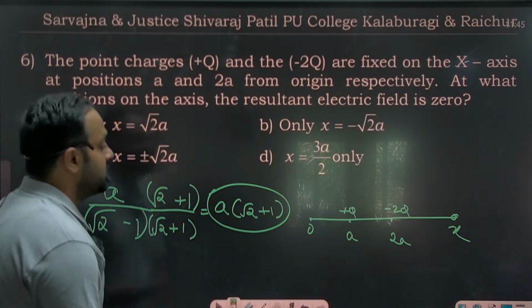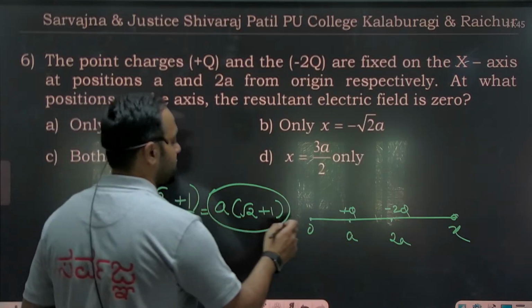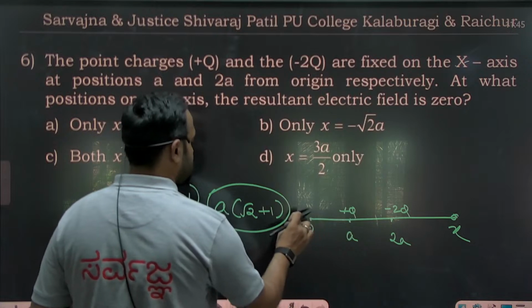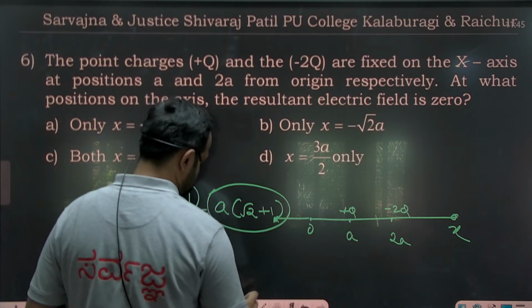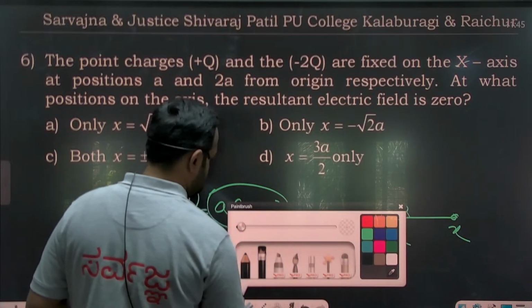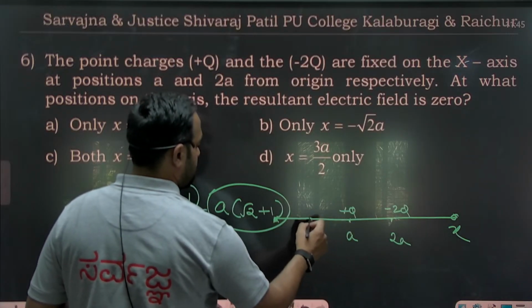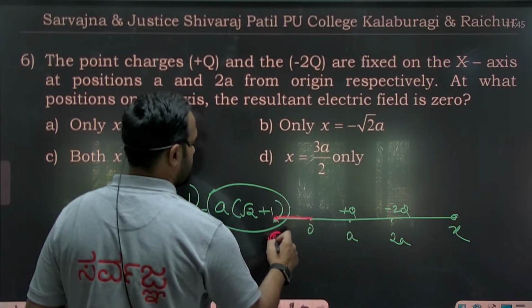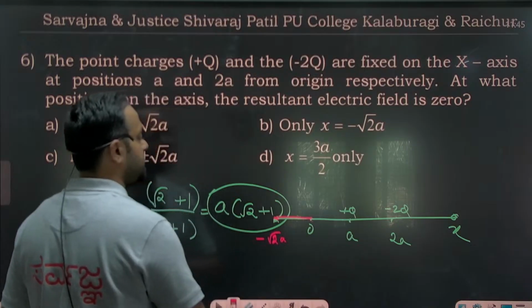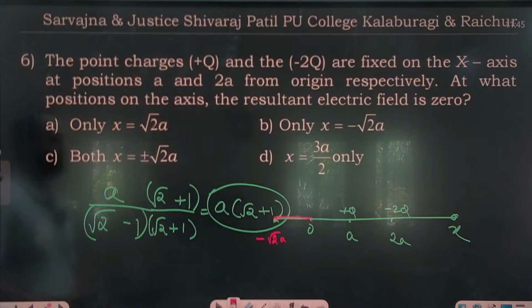So root 2a plus 1, where does that come? A plus root 2a will come somewhere here. This is A plus root 2A. So this is x is equal to minus root 2A.